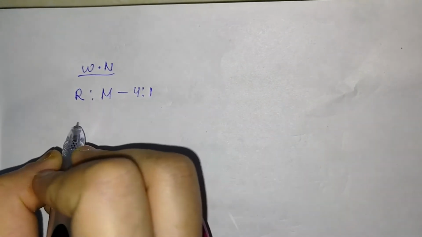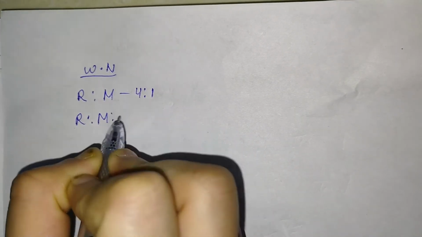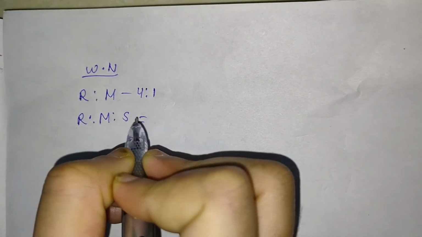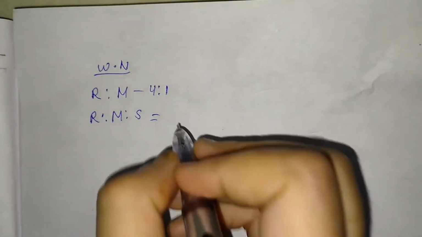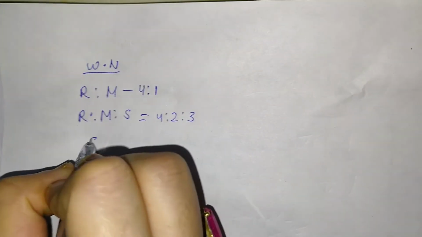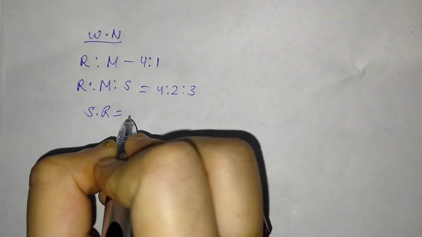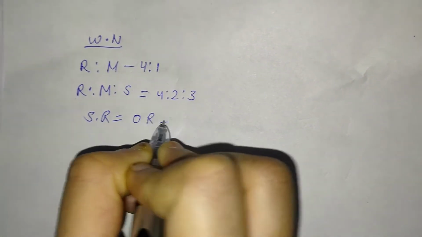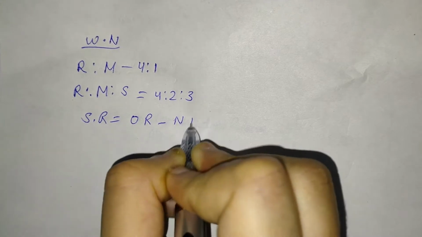So we can do some calculation, that is, a working note. Here the old ratio of Ram and Mohan is 4:1, and the new ratio of Ram, Mohan and Sohan, which is also given in the question, is 4:2:3. What is the formula of sacrificing ratio? The formula of sacrificing ratio is old ratio minus new ratio.